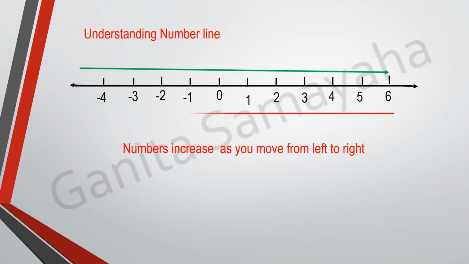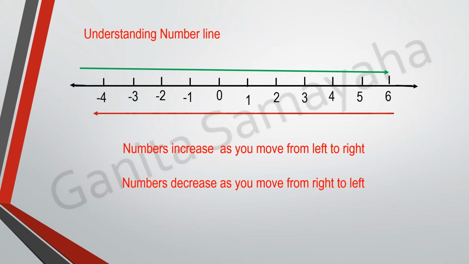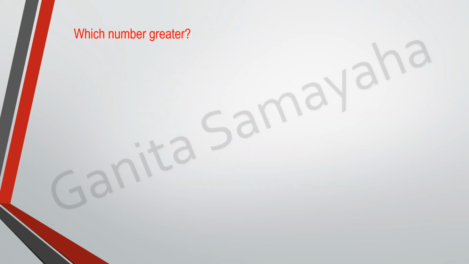And as you move from right to left, what happens? The numbers decrease. Let us do a few exercises with regard to this, and then you will all have it clear.